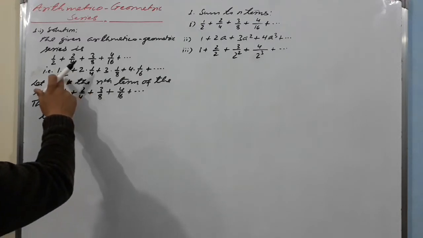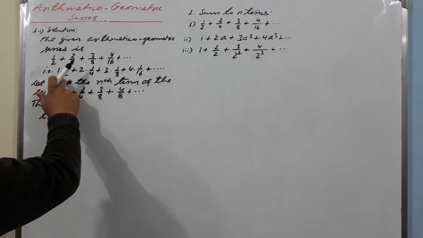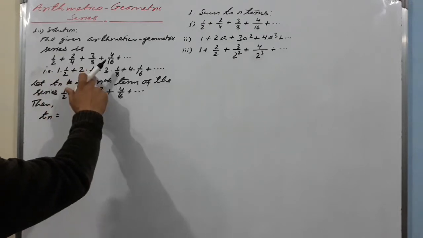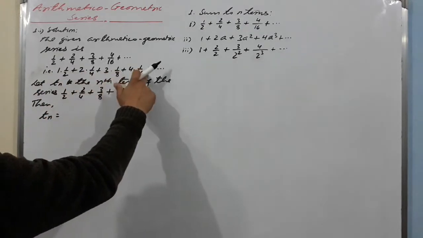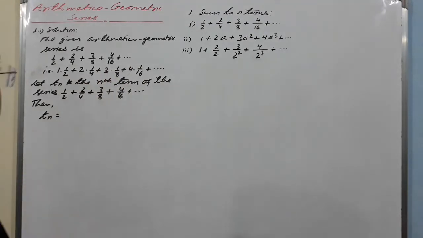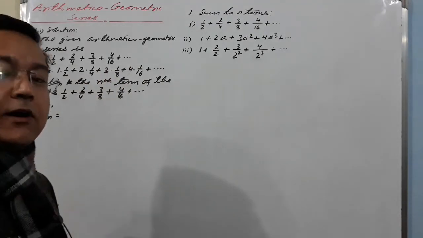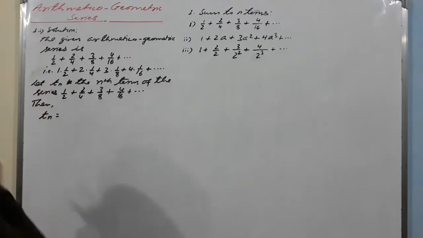If you see the second term of each half, 1 by 2, 1 by 4, 1 by 8, 1 by 16, here you can find the ratio is the same, which means they are in geometric progression.